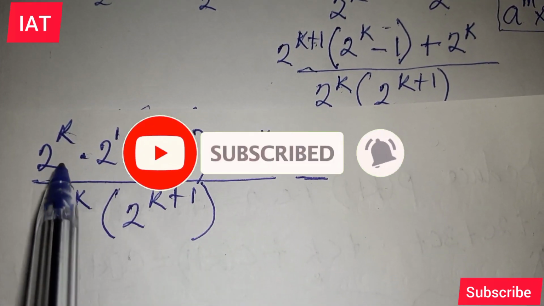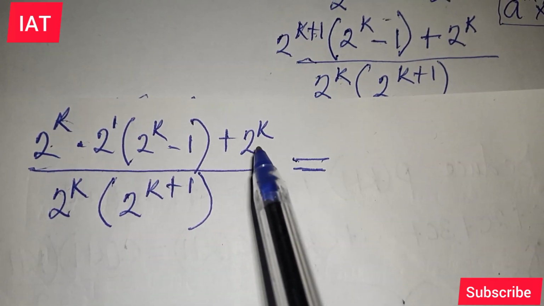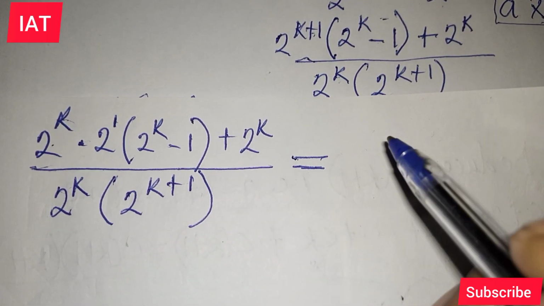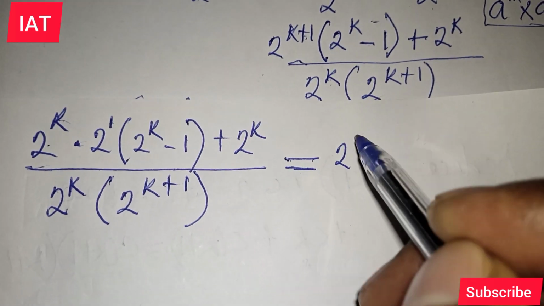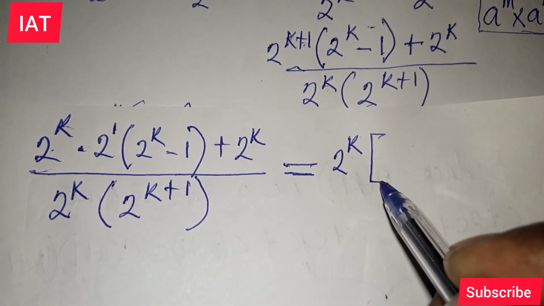So from the numerator, you will notice that 2 to the power of k and 2 to the power of k, they are common. So because they are common, I will just pick out one of it and then I will open a parenthesis.